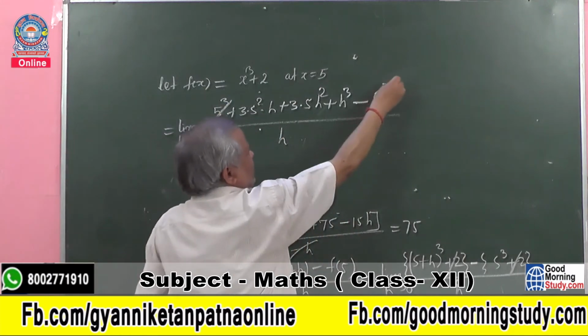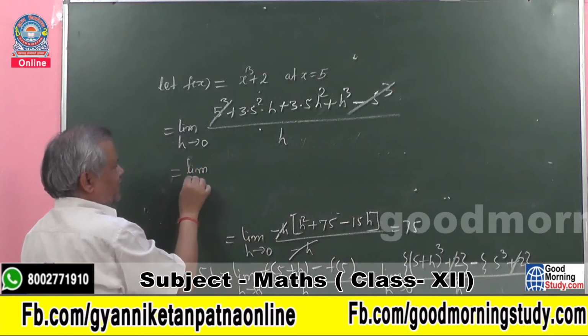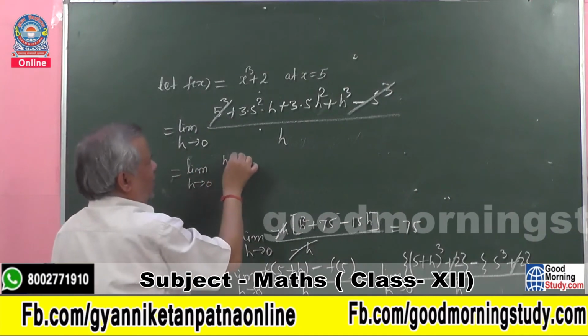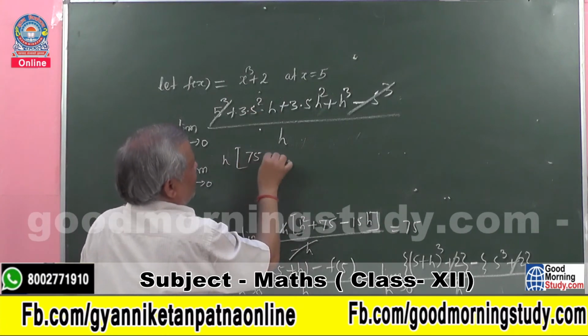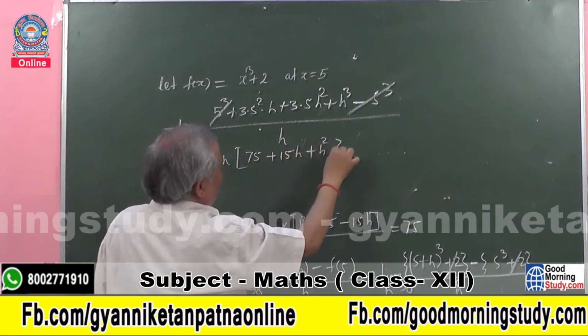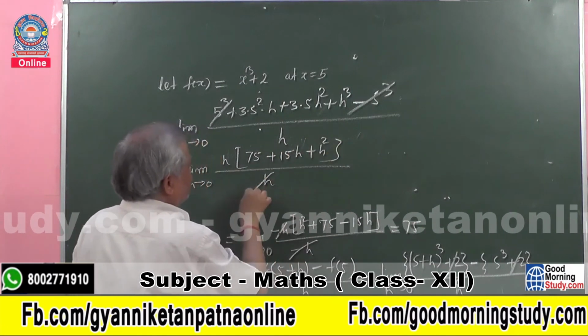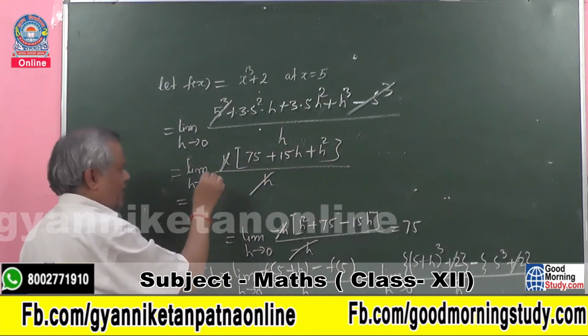Cancelling the 2 reduces to 0, and taking out h common from the numerator, it being common in all, we have 75 plus 15h plus h square divided by h. Cancelling it out and putting h equal to 0, it is 75.